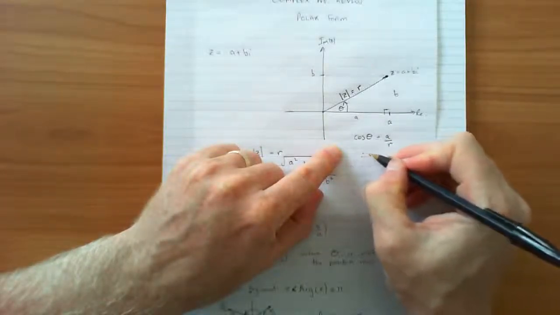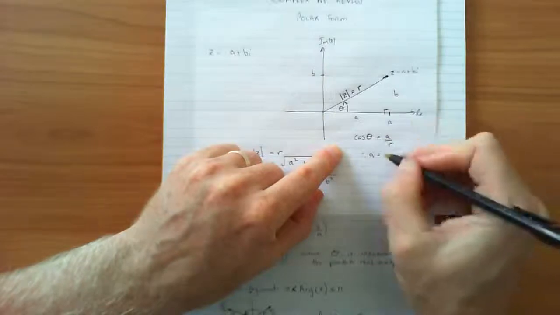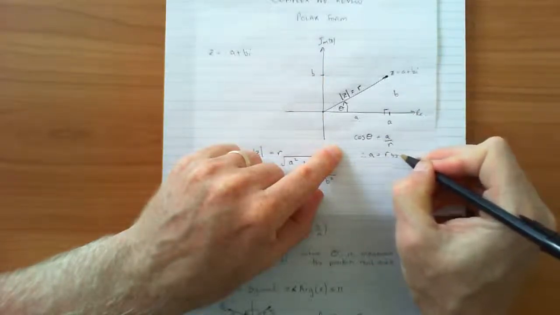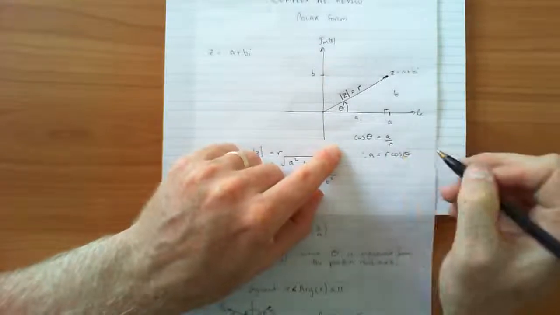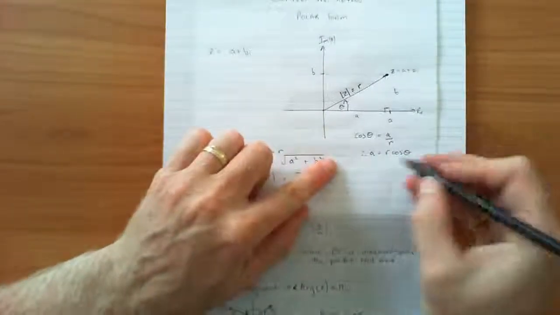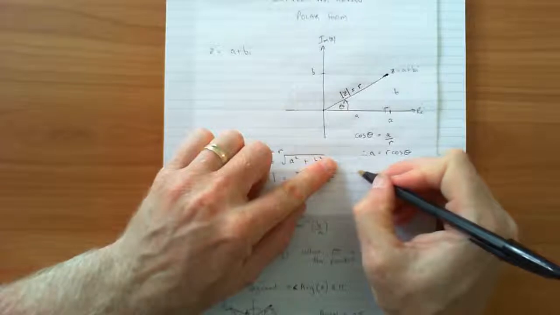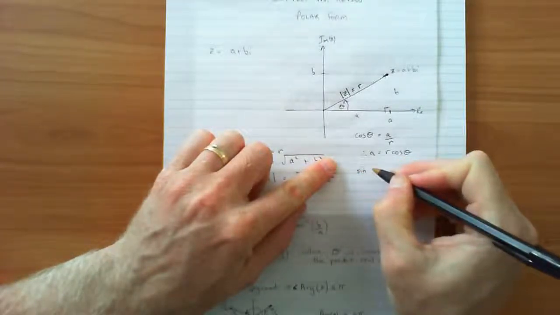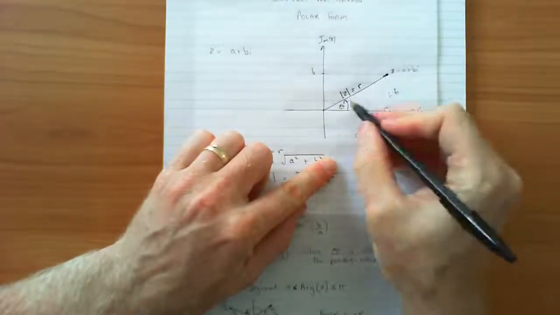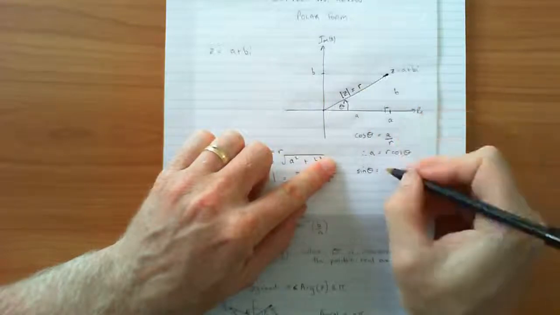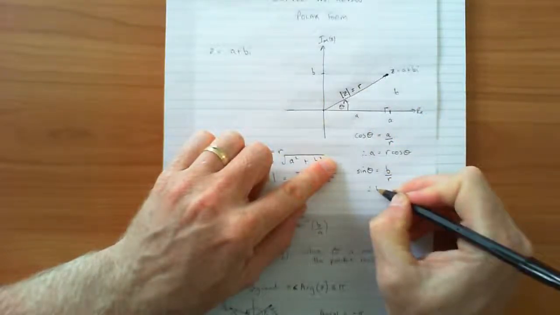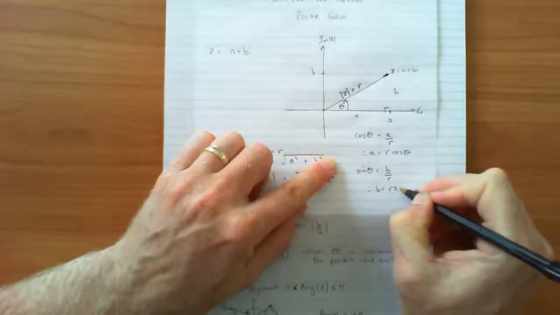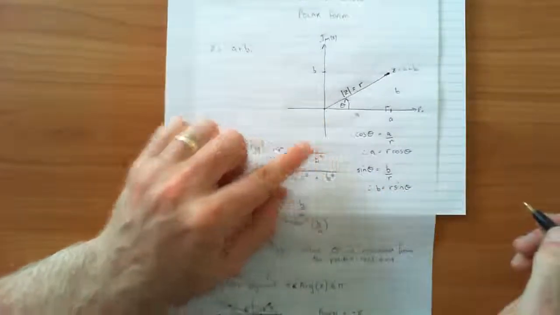Therefore A, if we rearrange that, multiply both sides by r, A would equal r cos theta. You'll see that often happening in Math C. And we also know we could get a relationship for sine theta equals opposite over hypotenuse. Therefore B would equal r sine theta.